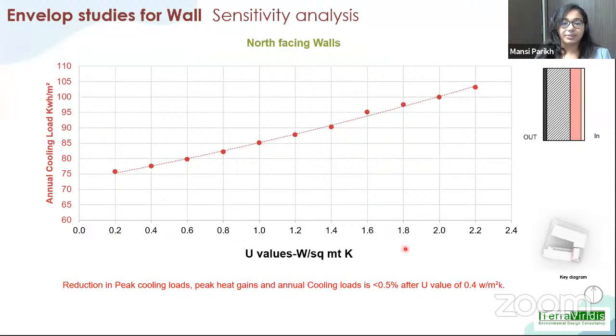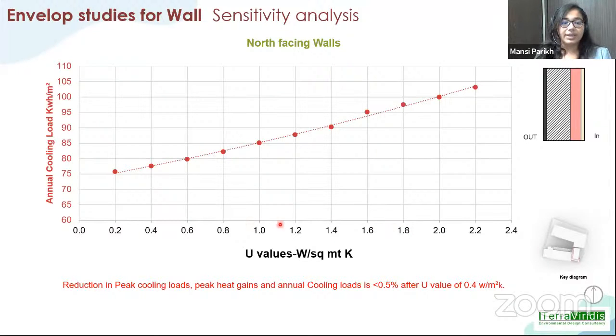All the other parameters are kept constant other than the U value. The difference of these U values is compared in terms of annual cooling energy, which is the maximum load component in this building. Cooling demand is the maximum consumption.